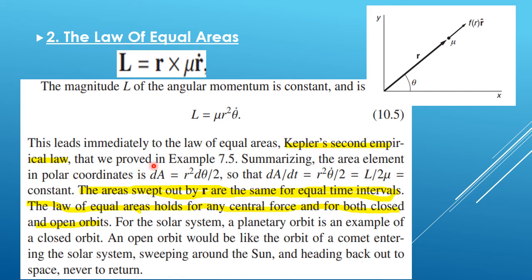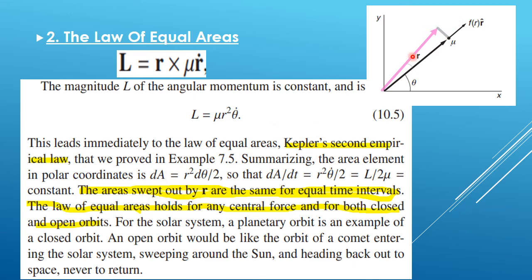What is the area element dA? If we take an angle of d theta, and the r vector has turned through d theta along this plane, what is the area swept out by the radius vector through this movement?